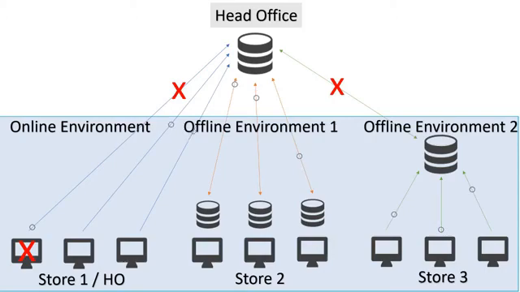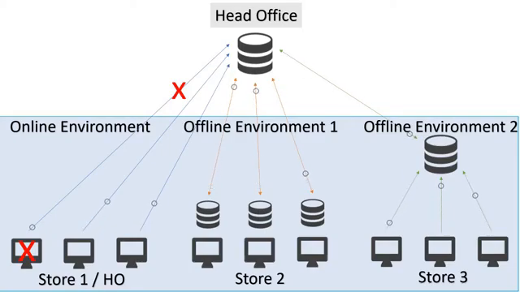This all depends on what type of distribution database structure you put in place. Currently, I live in South Africa. For us, having an online environment here is very challenging, simply because often the sites of our stores can be in areas that do not have a reliable network connection. This, of course, poses a big challenge for us.